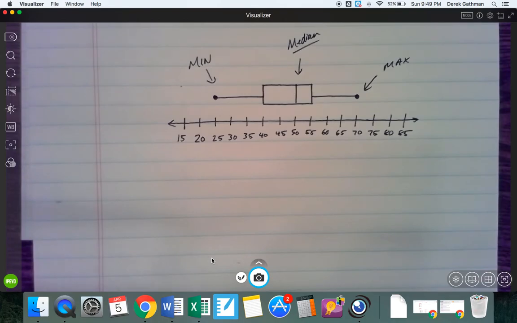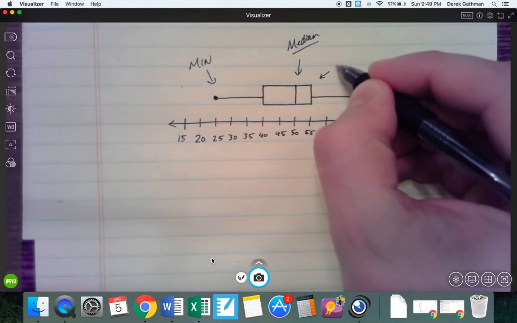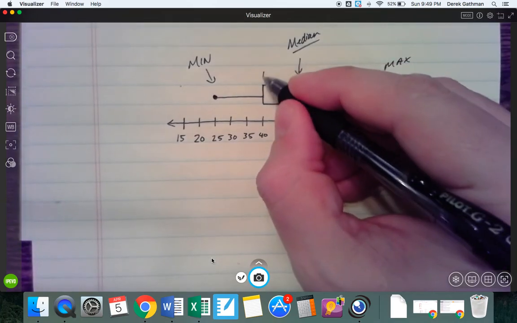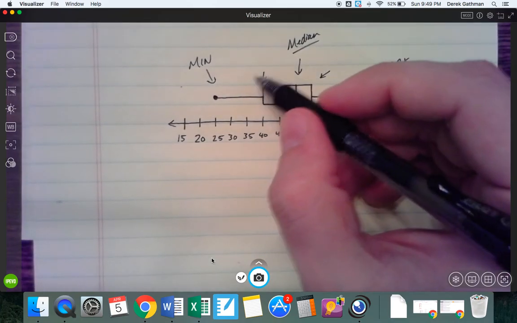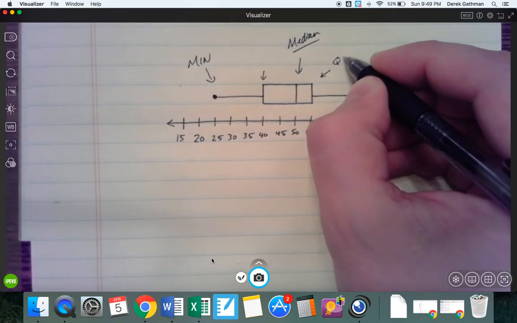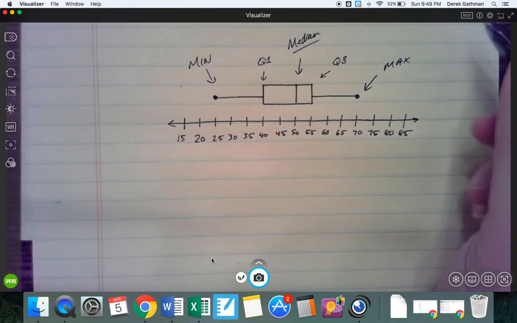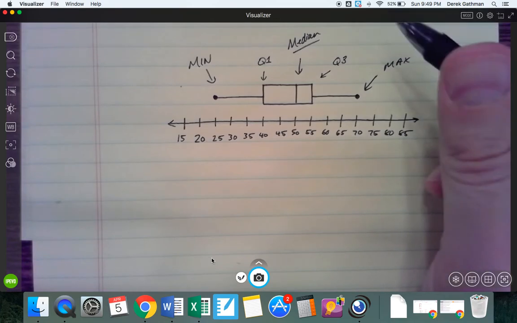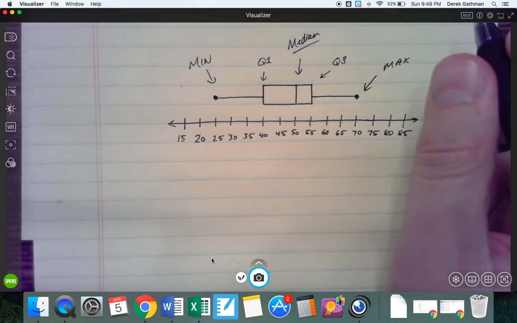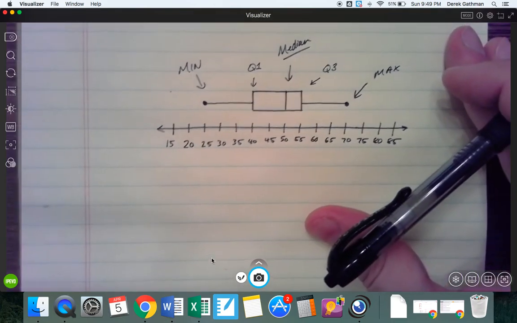These two lines tell us our upper and our lower quartile. Sometimes you'll see it as Q3 or Q1. Those are the same things we found in our dot plot earlier. We can figure out a couple things just from looking at those values.